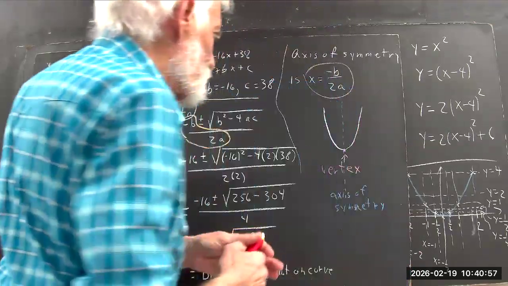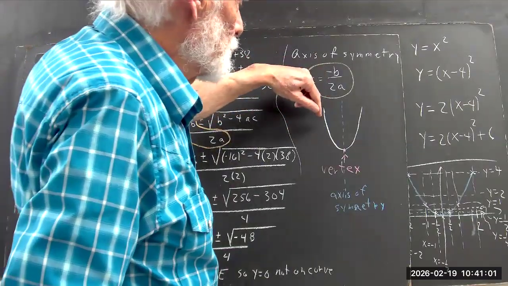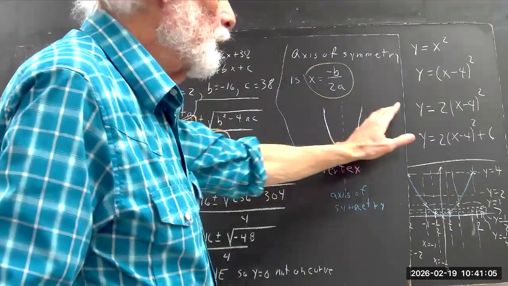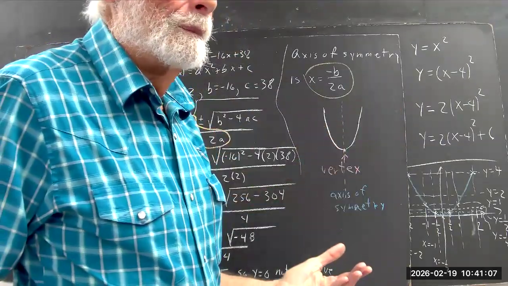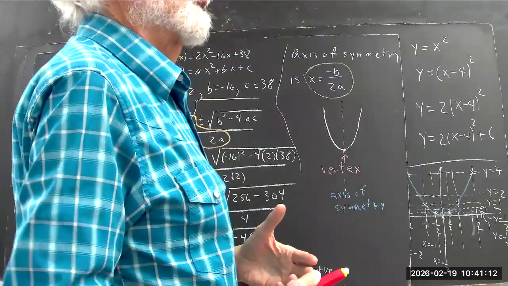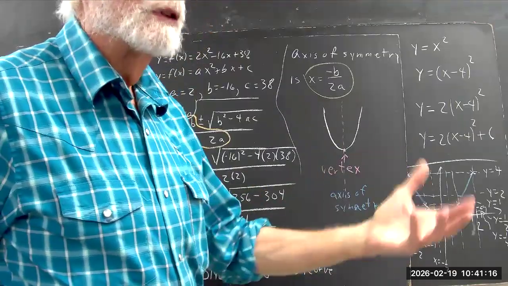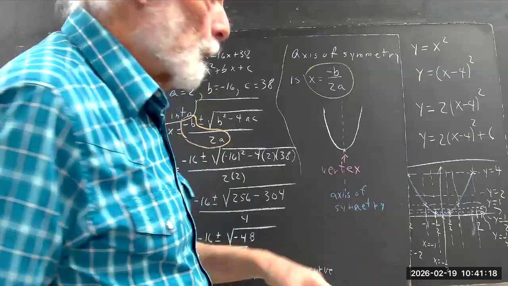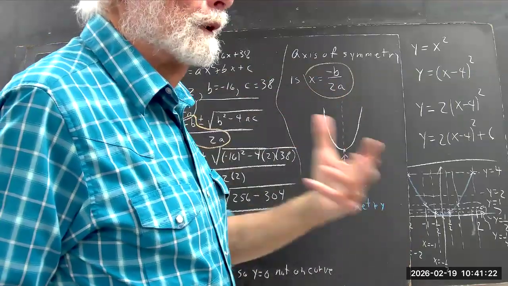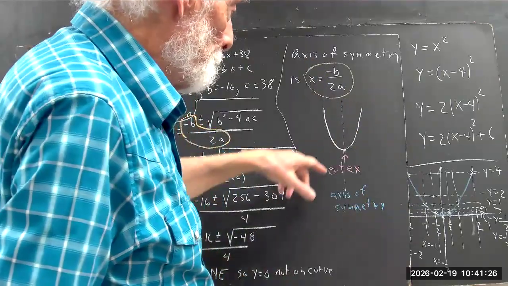Meaning that what's on the left of that axis of symmetry is just a reflection of what's on the right. Now, in chapter 1, you've encountered the whole idea of symmetry, but I'm not sure how much it's been emphasized. But it gets emphasized a whole lot when you get into chapter 3.